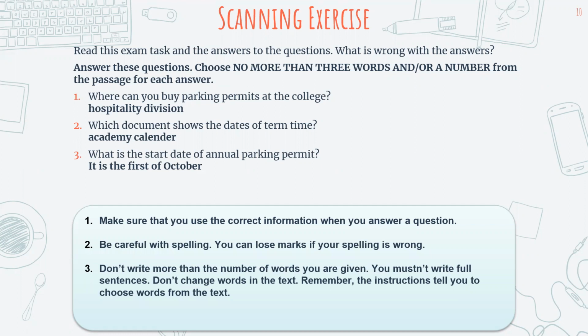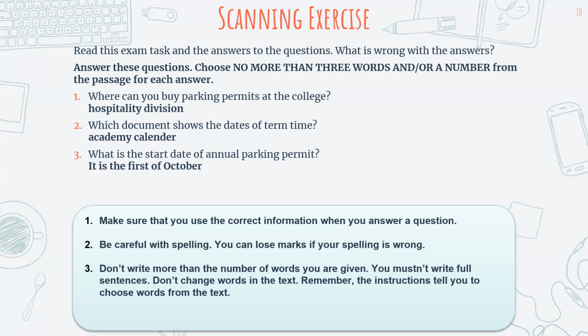Let's assume that you already know the answer to these 3 questions. The first one is hospitality department, and a test taker wrote as the answer, hospitality division. This is a mistake because you have to make sure that you use the correct information when you answer a question. It doesn't say division in the passage or the text. It says department.